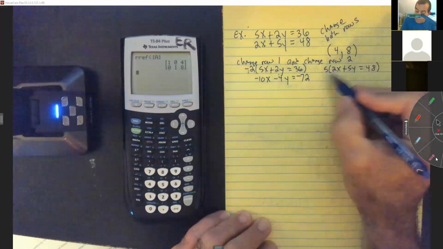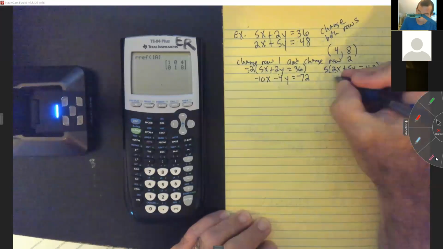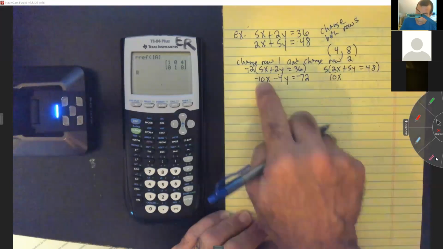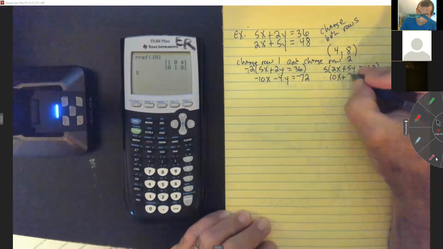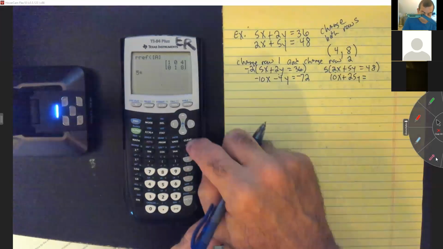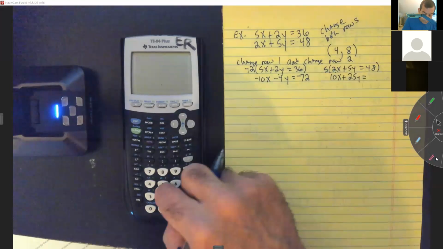So here we go. 5 times 2 gives me 10x. So now my x's will definitely cancel. 5 times 5 is 25y. And then, 5 times 48. What's that? 240.